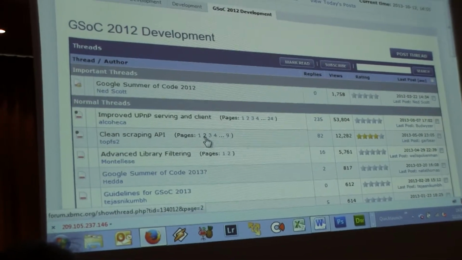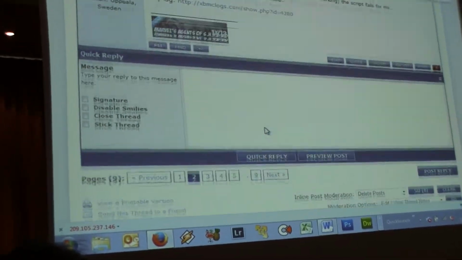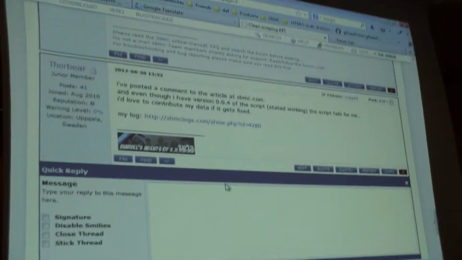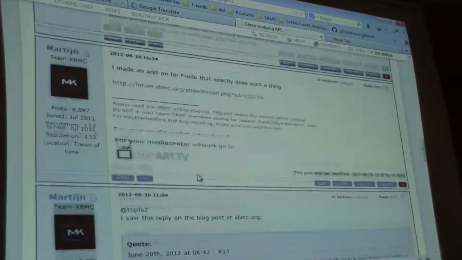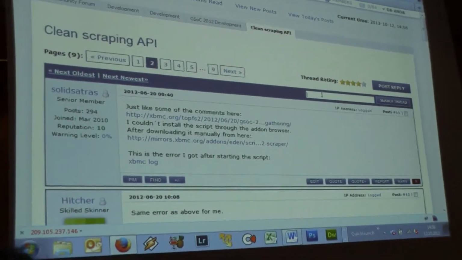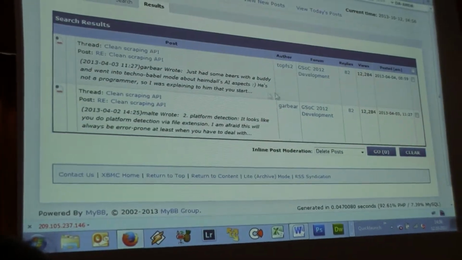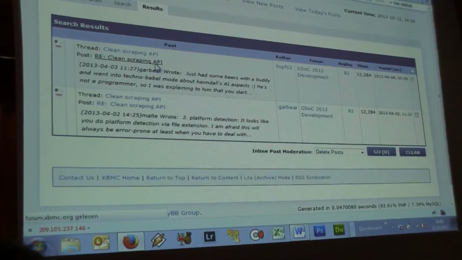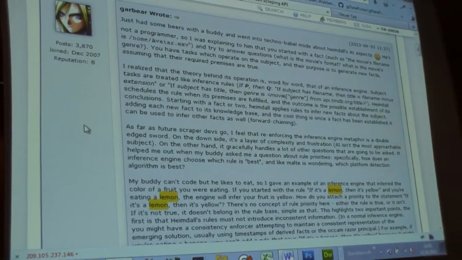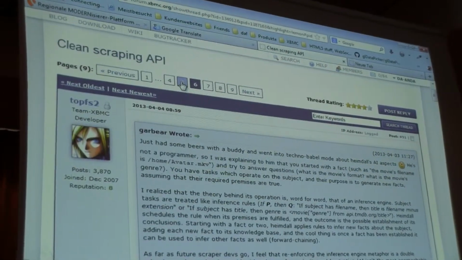Page 6. Different page. There we go. I'm gonna find it. Okay, cool. We're at 42. We're getting there.